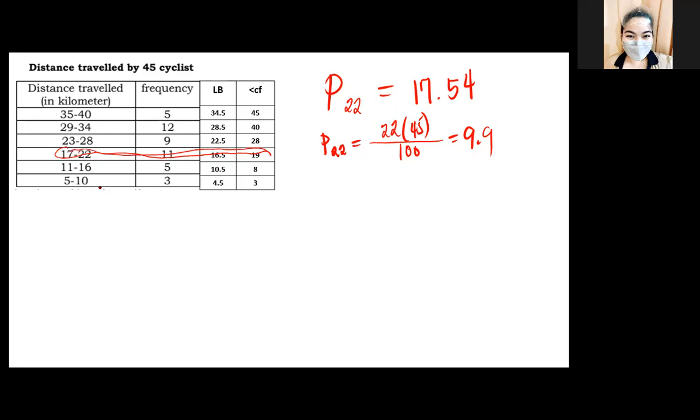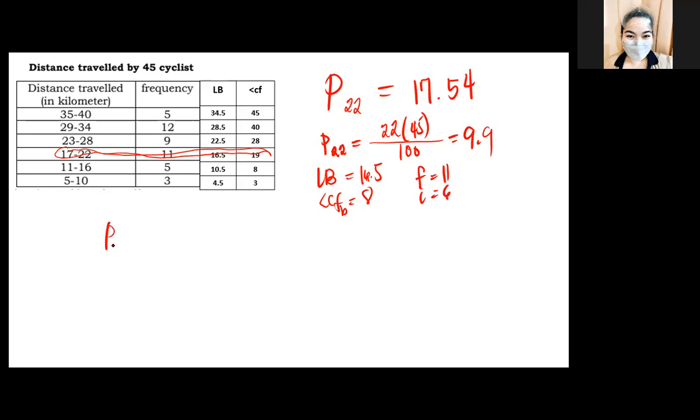At tapos, our boundary natin, 16.5. Ating cumulative frequency below ay 8. Ating frequency ay 11. Tapos, sakay natin 6.